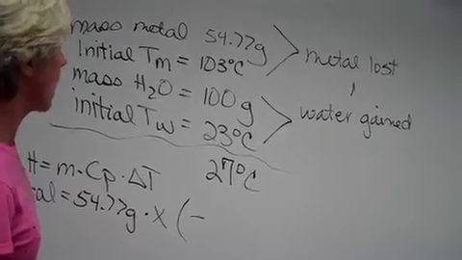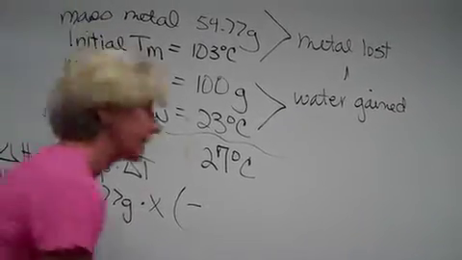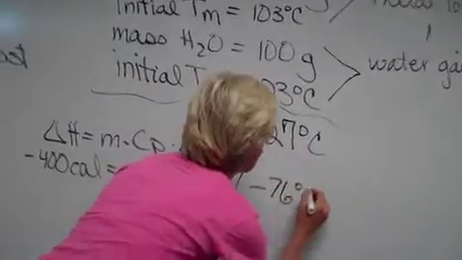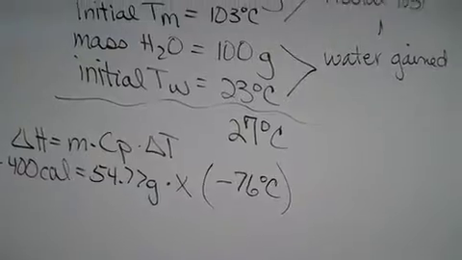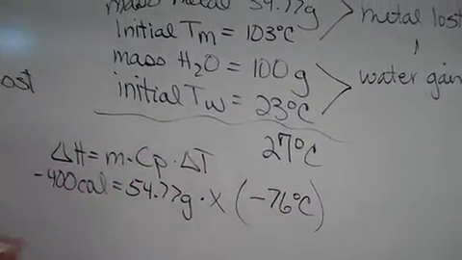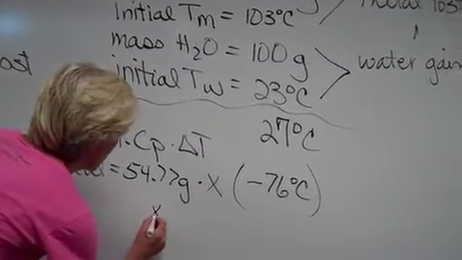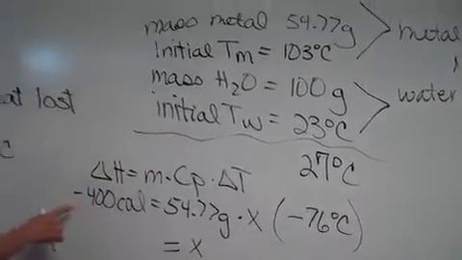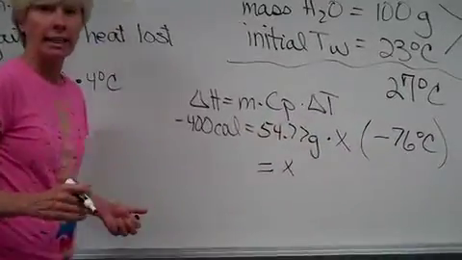I don't have to do it on the calculator. Negative 76 degrees, I think. Negative 76 degrees Celsius. Now look at this. We're going to have to divide by this, divide by that. Let's see what we get when we do that. We know we're going to have a negative divided by a negative, so that's going to make it a positive.